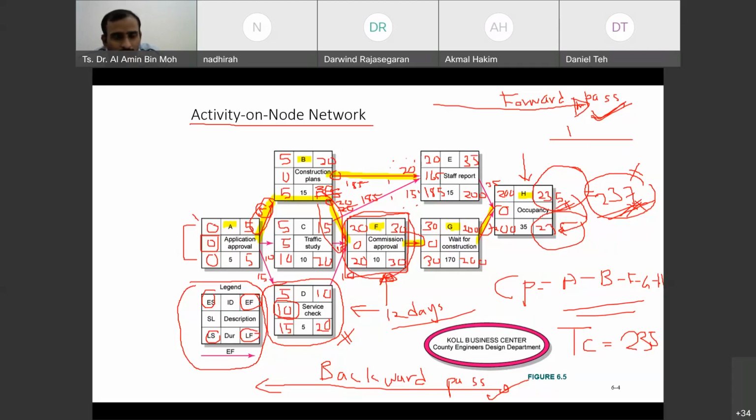Thank you, Daniel, and whoever answered just before him. Both of you are right. You got the point. But you should explain that activity D is not critical, having 10 days of slack, but exceeding the slack, the permissible period for being delayed, will delay the whole activity.